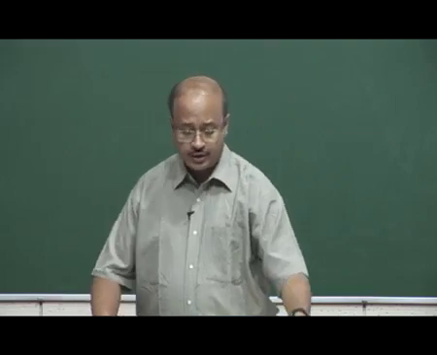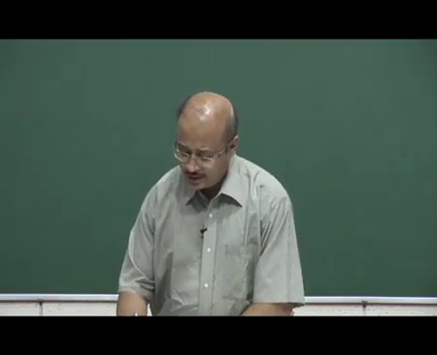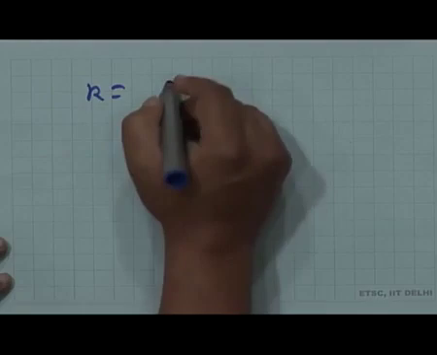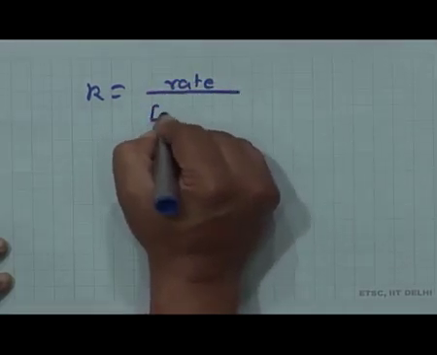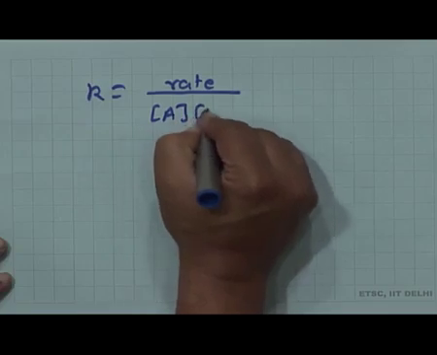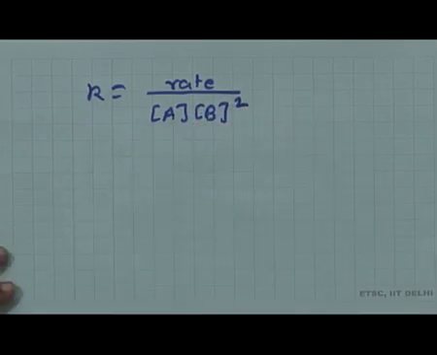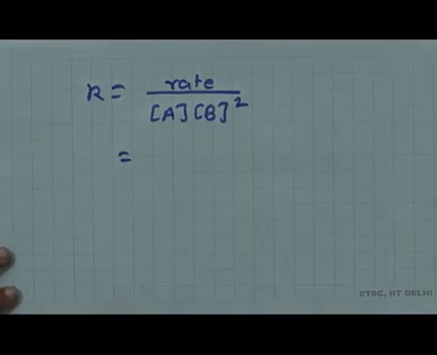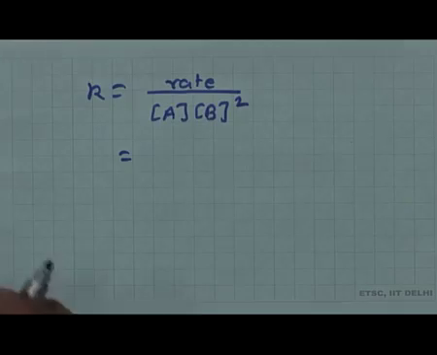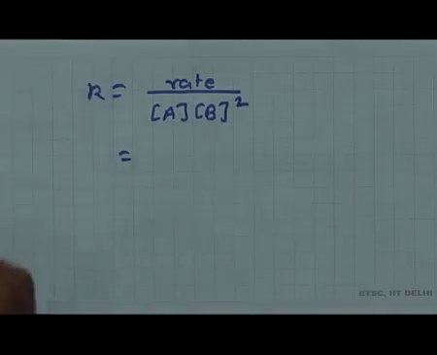Now, what about the units of rate constant? The units of rate constant would be k equal to rate over concentration of A times concentration of B squared. I can write what rate is. Rate is concentration over time, and here again you assume the time to be in minutes.